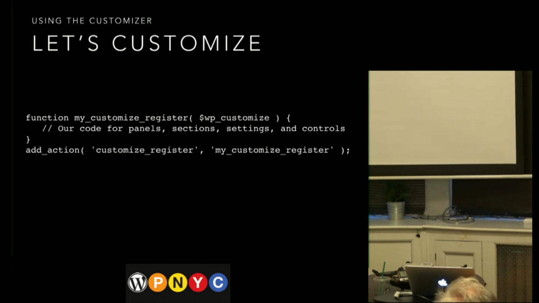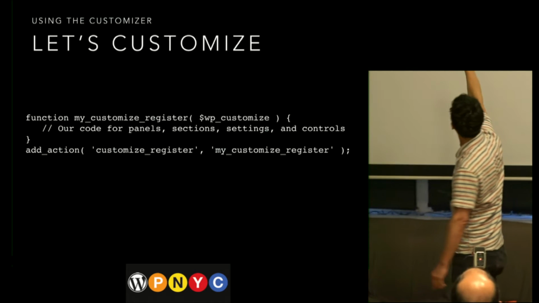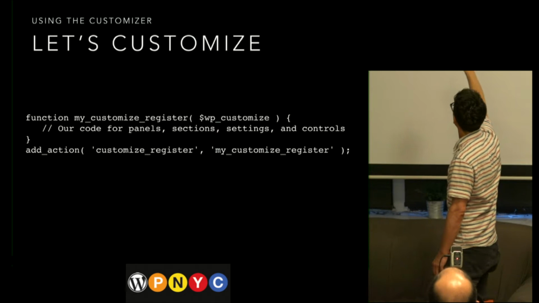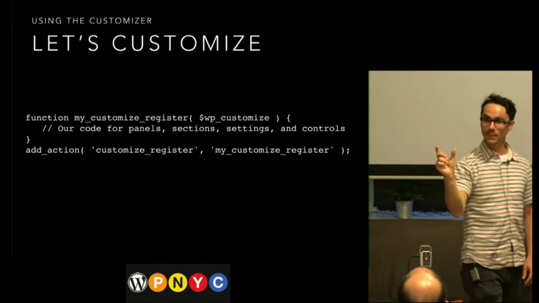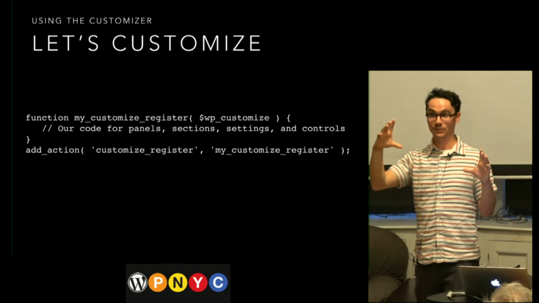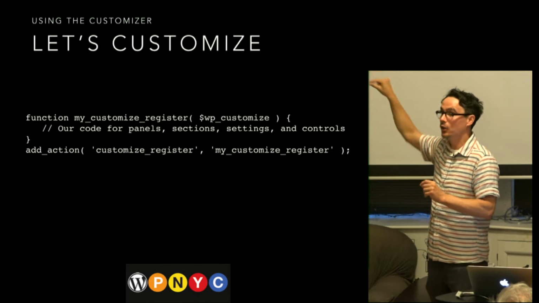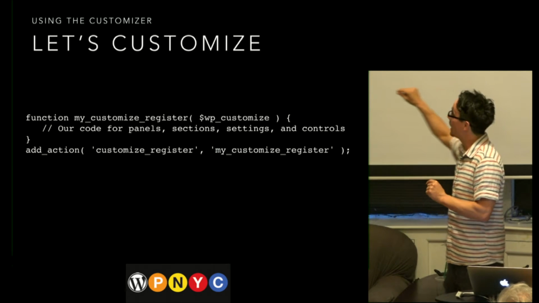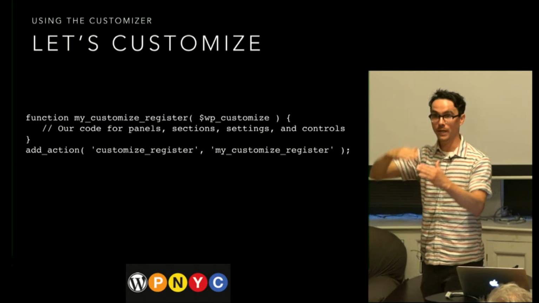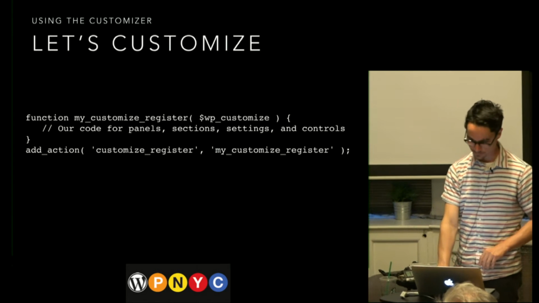Basically, this customize_register is the important bit, as well as up top in the function, the WP Customize. That's an object that contains all the functionality for the theme customizer that we're going to interact with. Our function is merely hooking into WordPress core, and we're going to start adding lines of code inside this function that creates that welcome message on the theme customizer page.